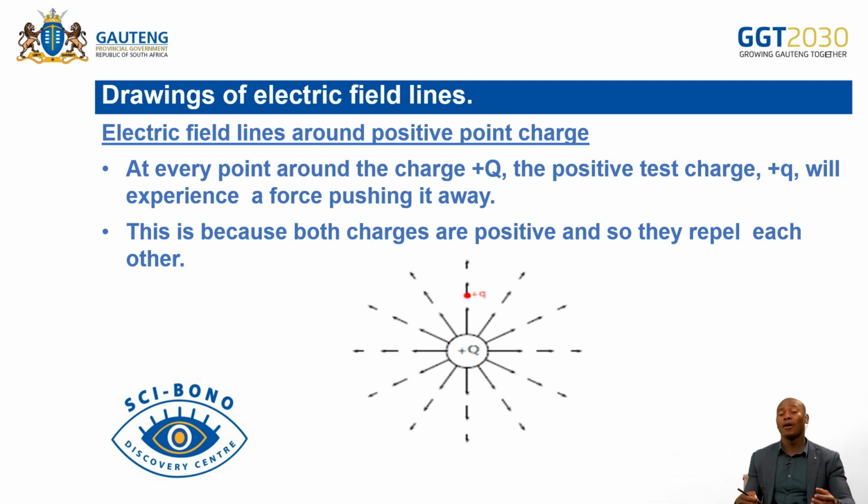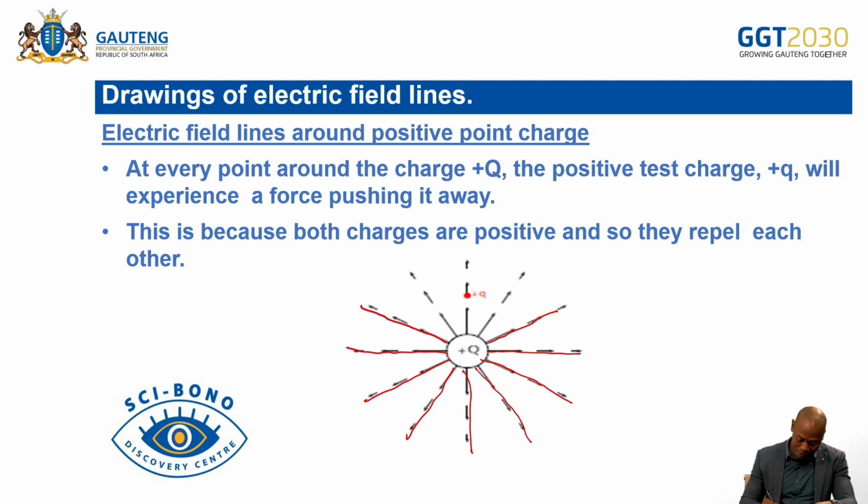Okay, so now how do we identify the direction of the electric field lines? These are your field lines around this positive charge. You can see they are drawn perpendicular to the surface of the charge. Please make sure that the lines, when you draw them, start from the surface of that charge, not from the atmosphere.